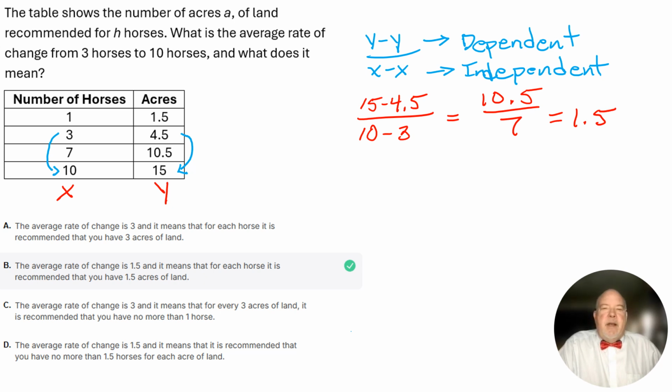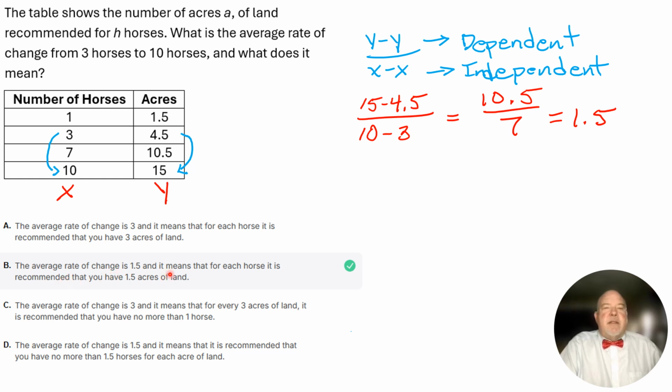So now if we go and look at our answers, A says that the rate of change is 3. That's not correct. B is 1.5. And D is 1.5. So the answer is either B or D. So now we need to see which one explains what the 1.5 means.